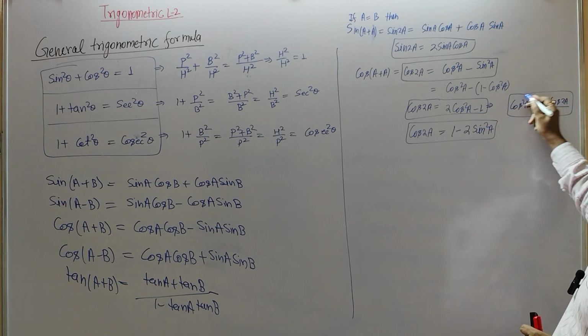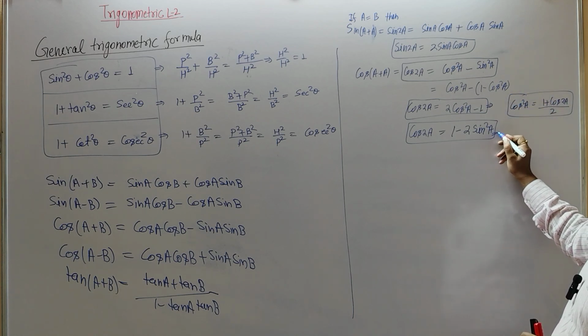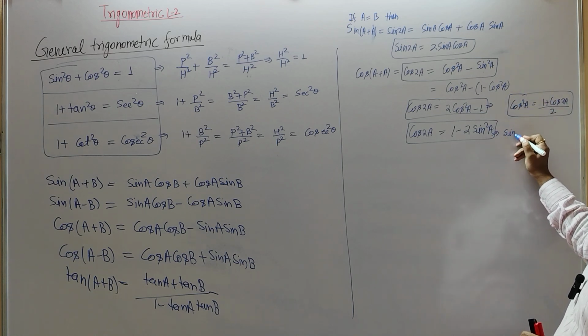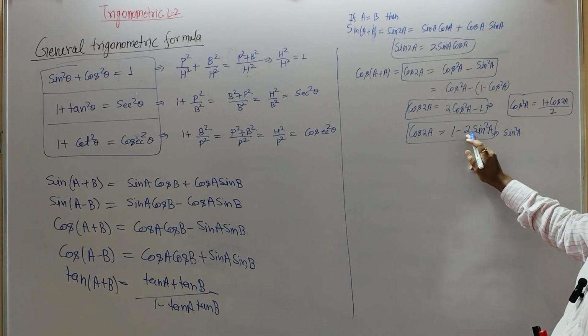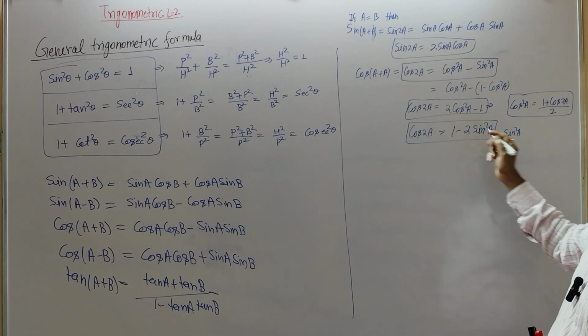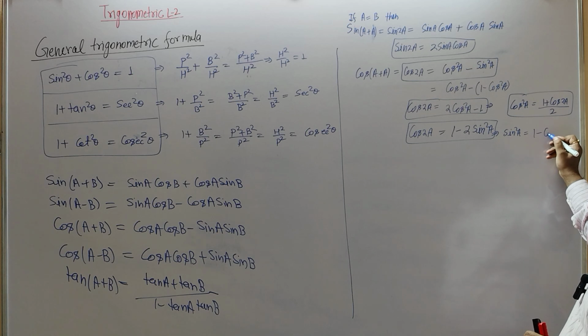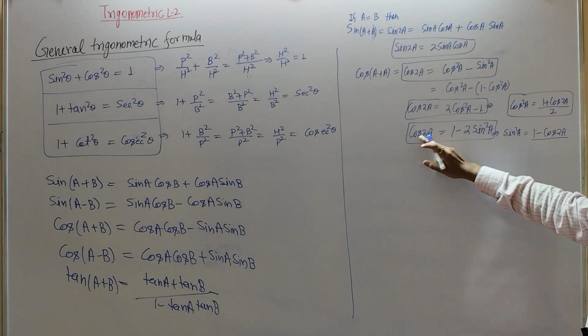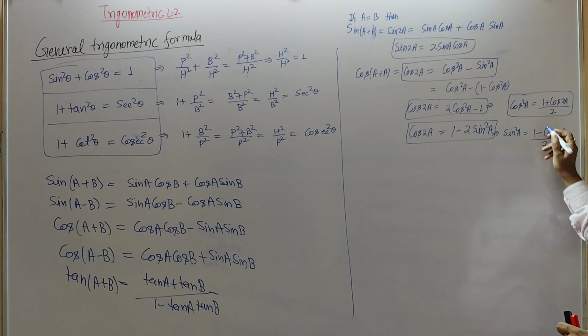Similarly, using this one, we can write sin square A equals 1 minus cos 2A upon 2.